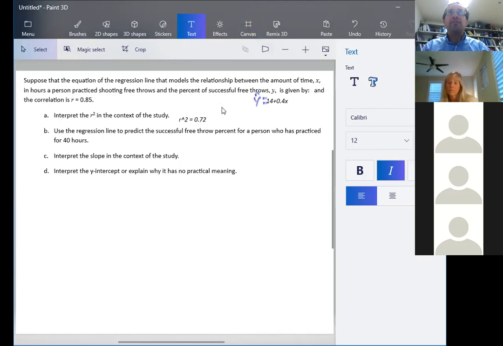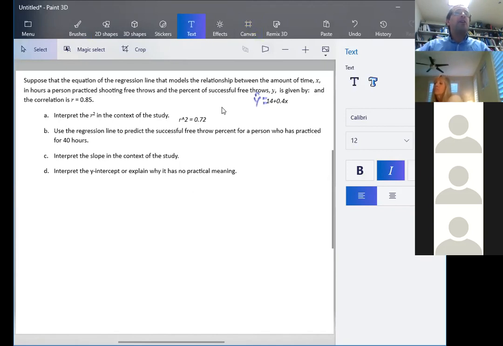But if you only focus on the group of people that have had a certain amount of practice, then that variation is going to be less. People like me who never practice are all going to be between 0 and 10%. Does that make sense? So that variation for just those who never practice is really small. Similarly, if you look at the people who practice 200 hours, then that variation is also smaller because they're all going to have a really high free throw percent. You see that?